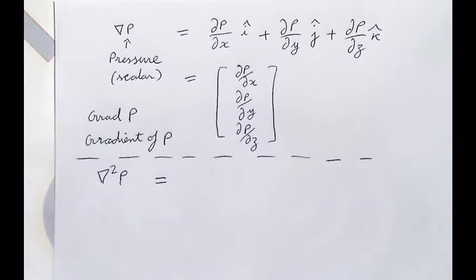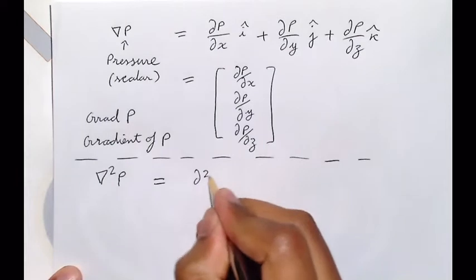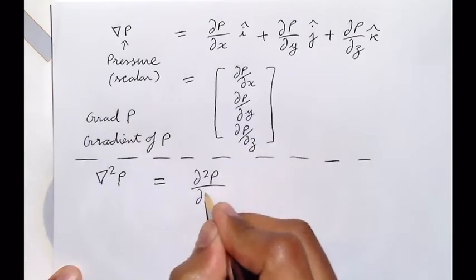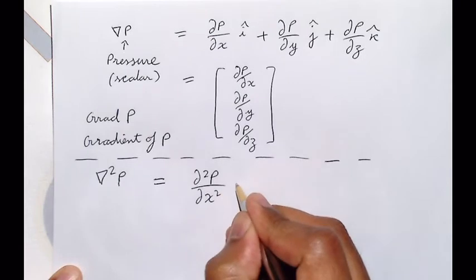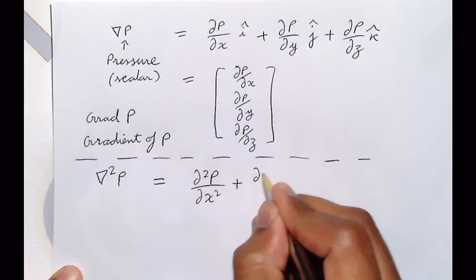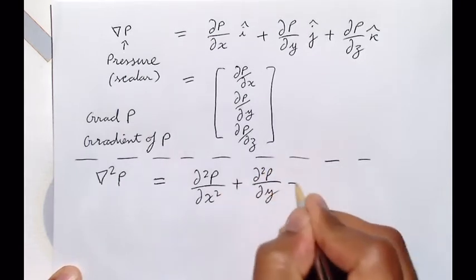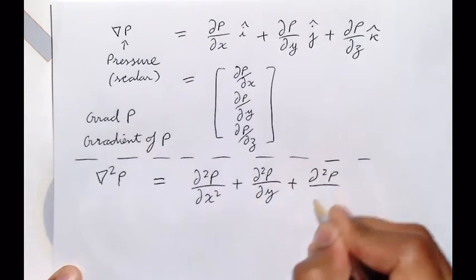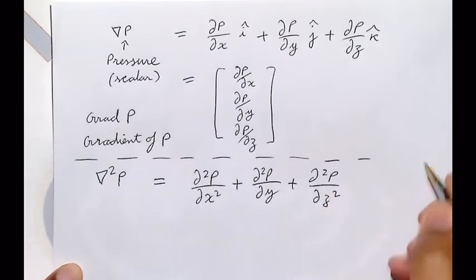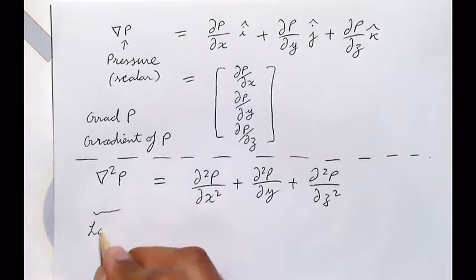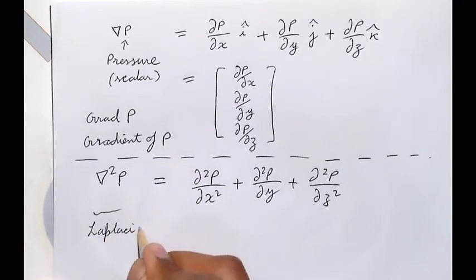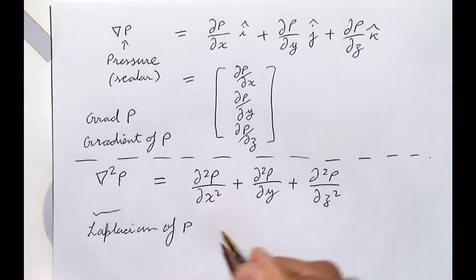Del squared P over del x squared plus del squared P over del y squared. Yeah, perfect. And in 3D, we just have the extra del squared P over del z squared, right? So this is called the Laplacian of P.